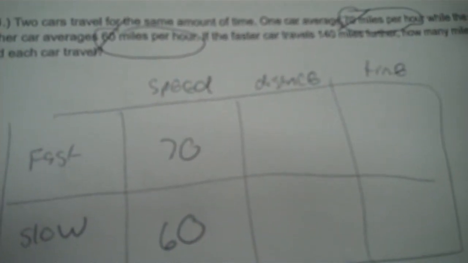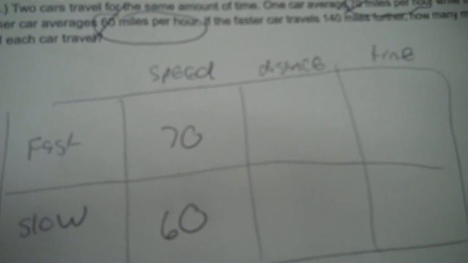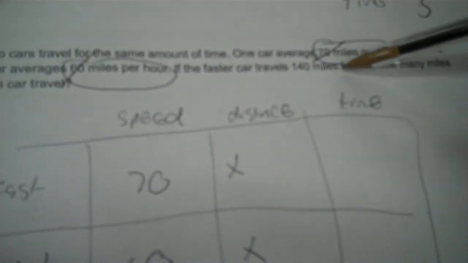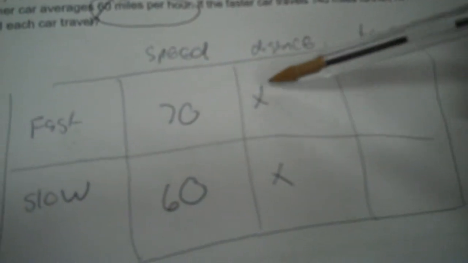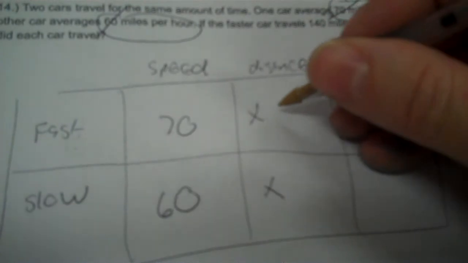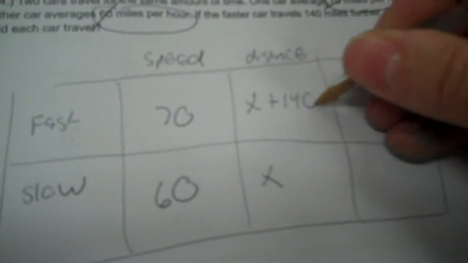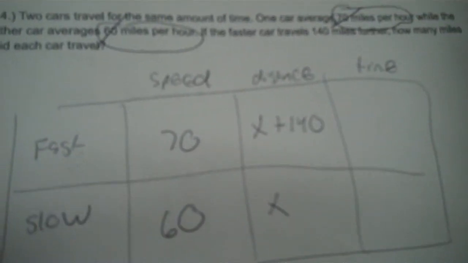Cross them out. Now, the distance traveled, do we know how many miles each car traveled? We don't, so we're going to put X and X. But what I do know about the distance is that the faster car, this one, went 140 miles further. I still don't know how far it traveled, but I know it went 140 miles further, so I add 140 to that X right there. Now the time.